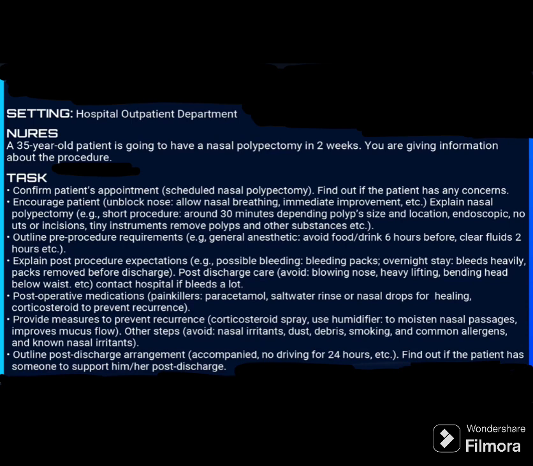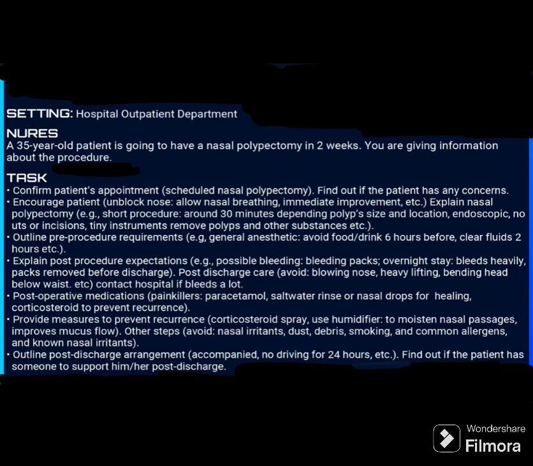The next task is to provide measures to prevent recurrence, like corticosteroid spray, use humidifier to moisten nasal passages, improve mucus flow. Some other steps also they have given. So maybe their question is how I can prevent a recurrence. I don't want to get any more pain. So you can tell that I can truly understand your concern, James. I will tell you some measures to prevent a recurrence. As I informed you, you will have corticosteroid spray.